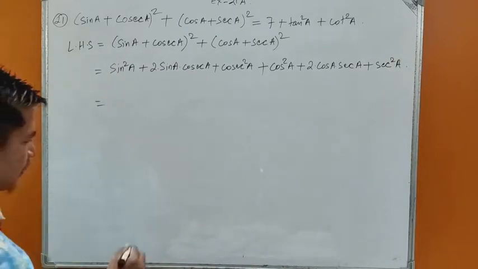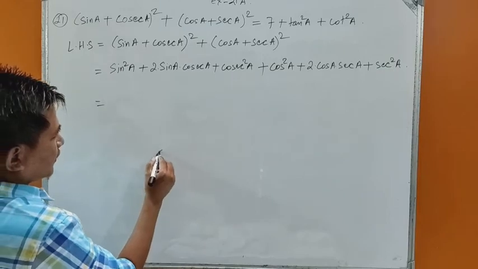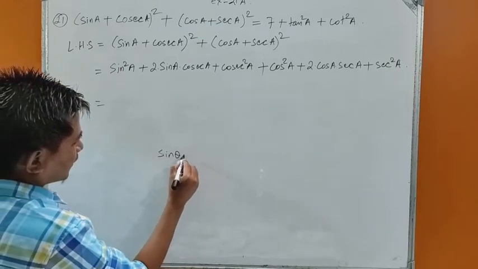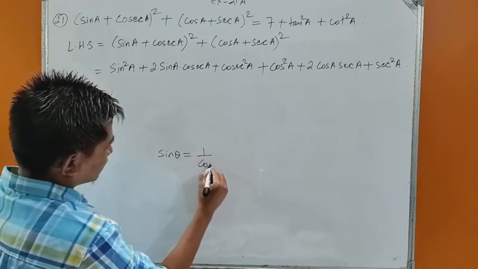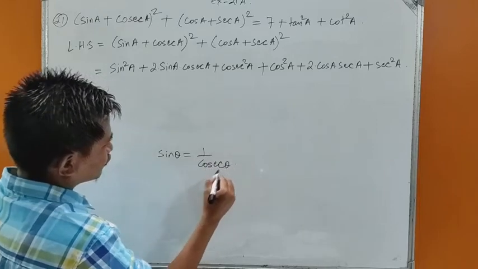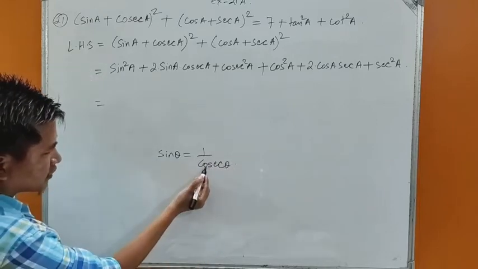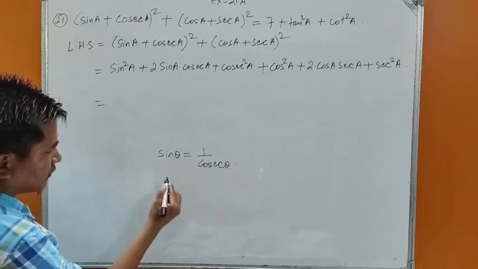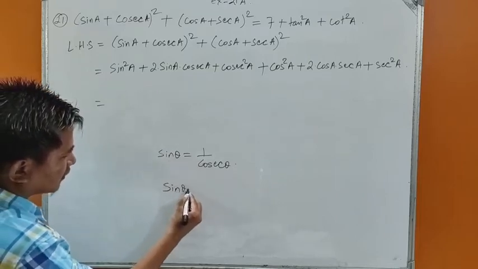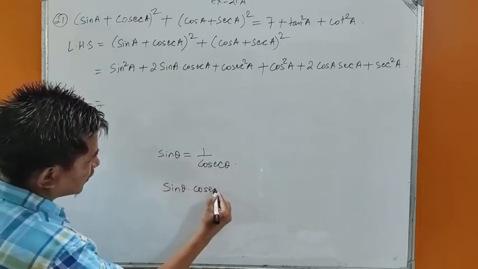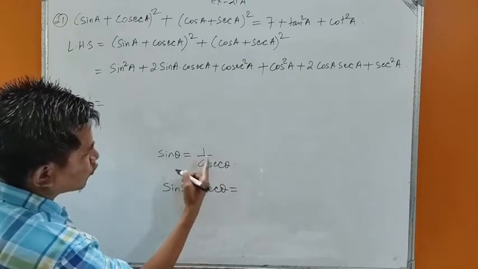Now you know that sin theta equals 1 upon cosec theta. You know this formula. This means let us bring this cosec theta here, cross multiply. Sin theta into cosec theta equals 1.